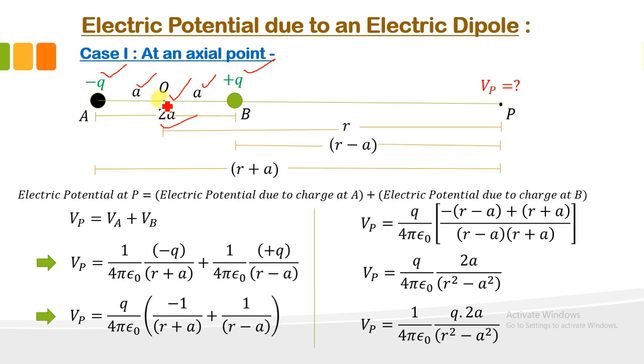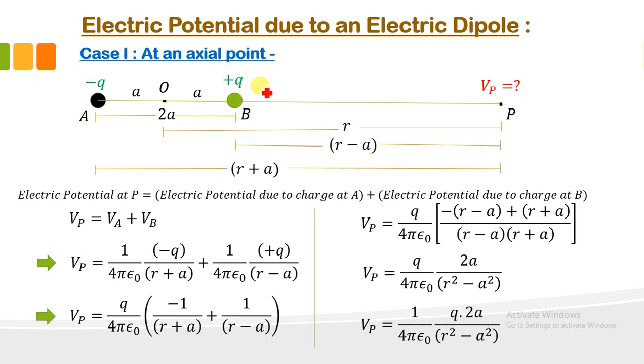From this O at a distance r is the point P where potential is to be calculated. It is very simple to calculate, since potential is a scalar quantity, simple algebraic addition is enough. Just find the electric potential due to each charge and simply add.